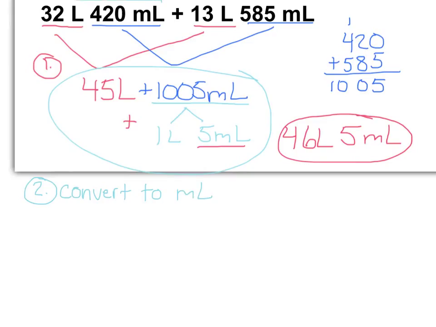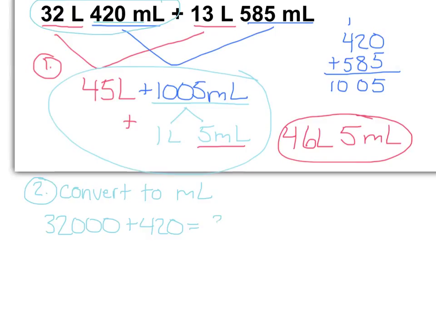My unit up here, 32 liters, I know that there are 1,000 milliliters in every liter. So if I have 32 liters, I have 32,000 milliliters plus 420.